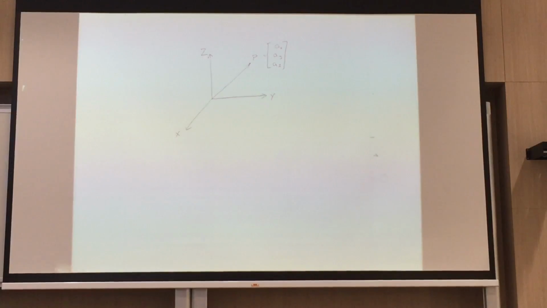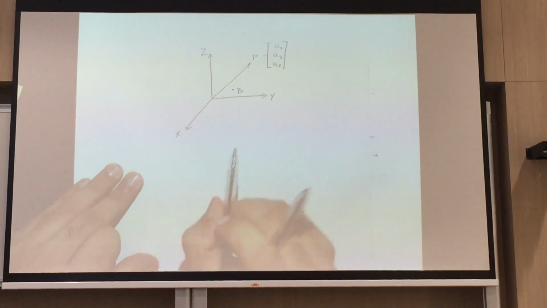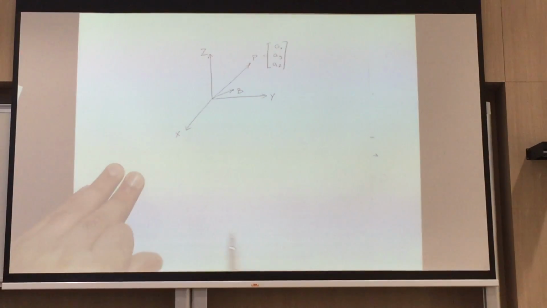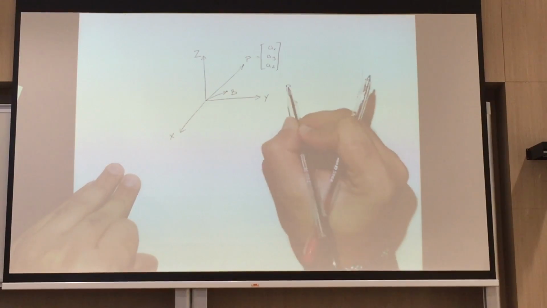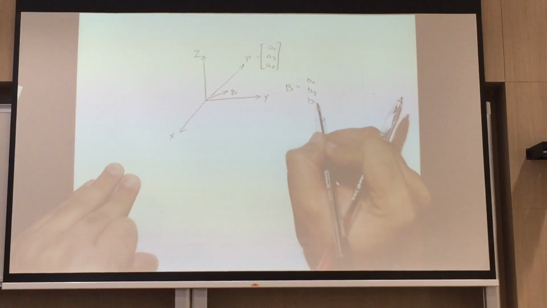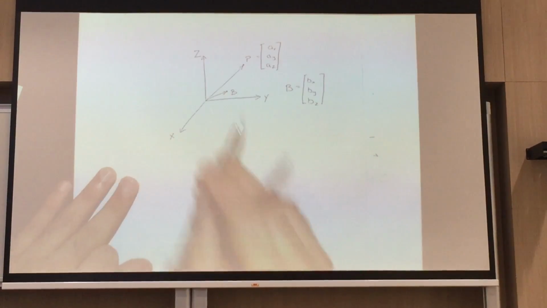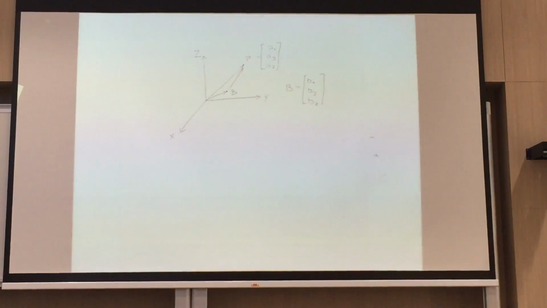Now I have another point, which is point B. And it goes from here to here. So let's see, my E is dx, dy, dz. I'm interested in this, right?